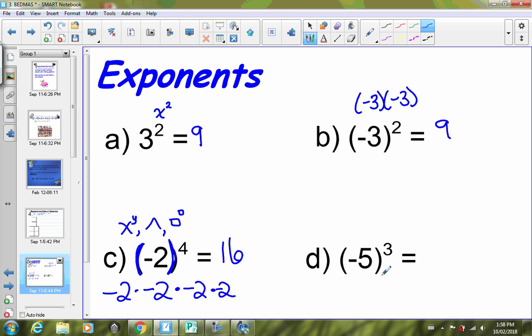Okay, D. D says negative 5 to the exponent 3. And again, you can type in your base of negative 5 to the exponent 3. And you should get negative 125. Okay, I'm hoping again, if you have any problems with your calculator with this, that you are asking somebody for help who can help you out, okay?